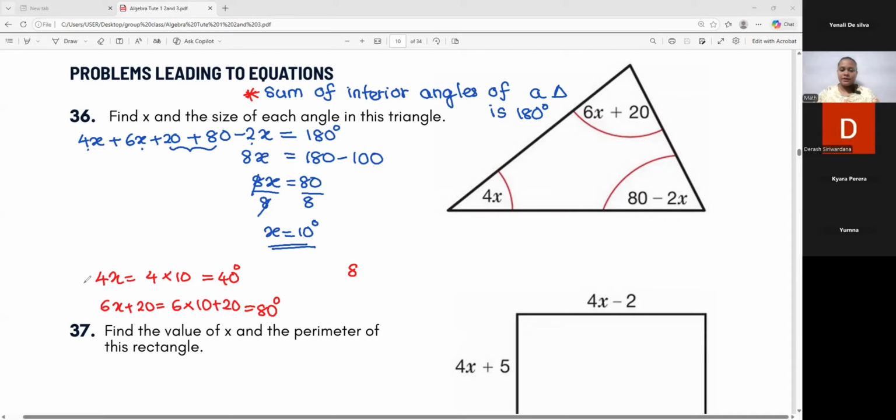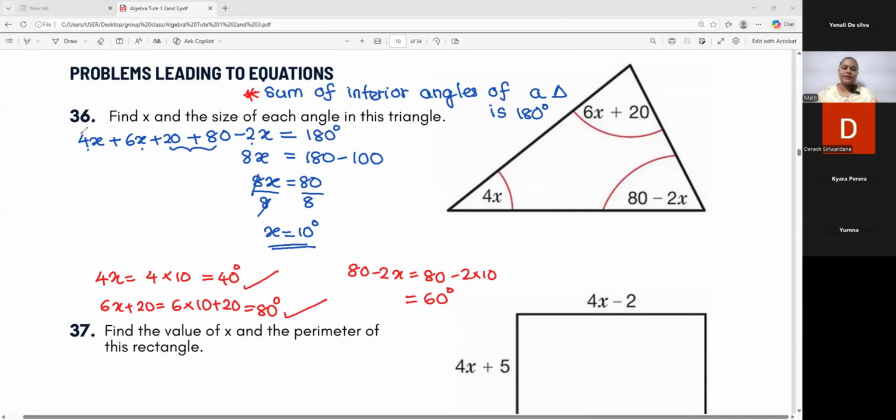Then finally, 80 minus 2x: 80 minus 2 into 10, 20, is 60 degrees. All three should add up to 180. 80 plus 40, 120; 120 plus 60, 180. So it's correct.